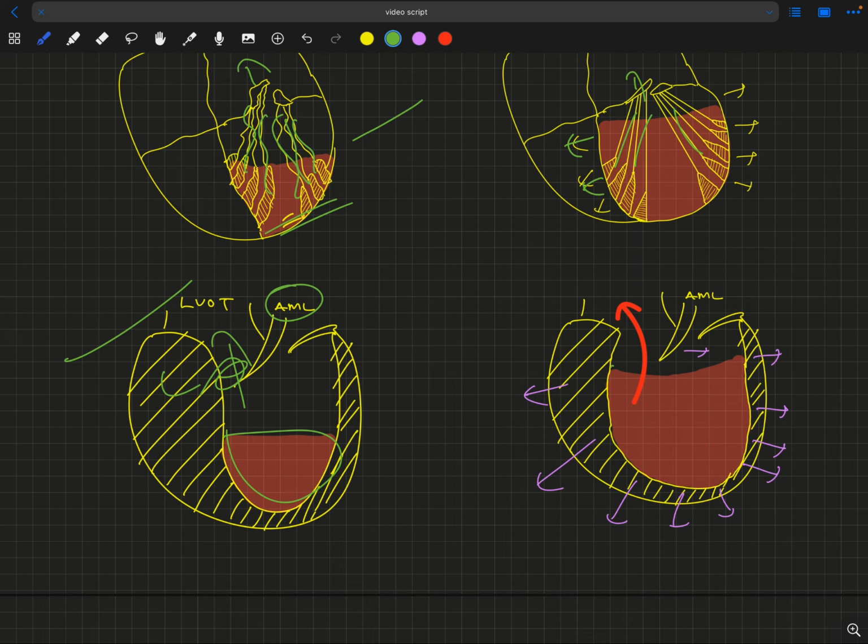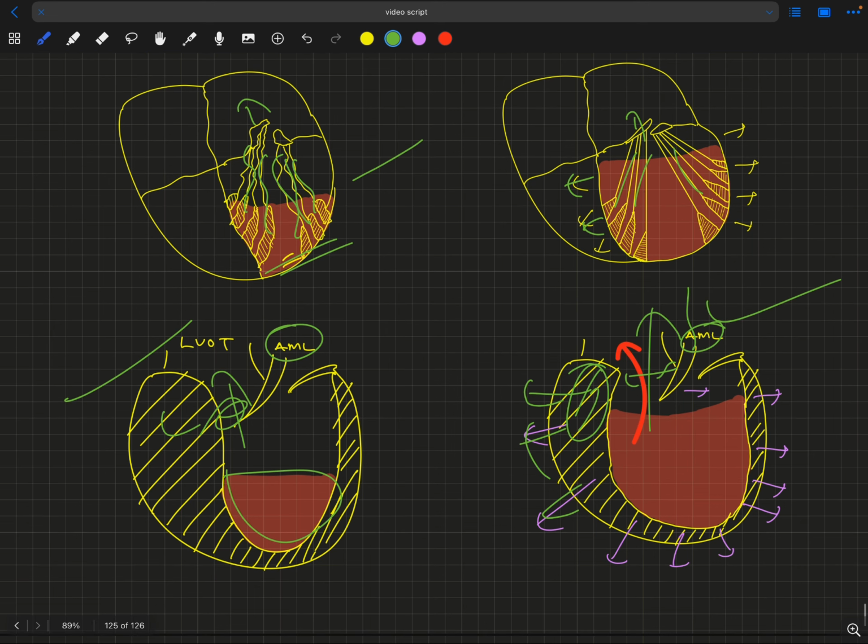When there is more blood inside the left ventricle, it will stretch more, and that will move the ventricular septum and anteromitral leaflet apart from each other, creating an easy passage for blood. There will be less left ventricular outflow obstruction, and the murmur intensity will decrease. So this is the basic thing in this whole lecture. So this is all about it.